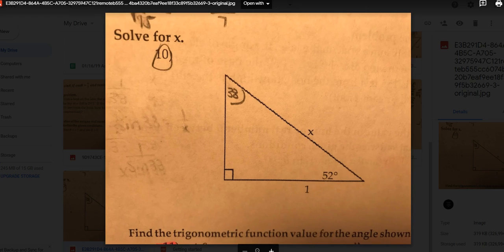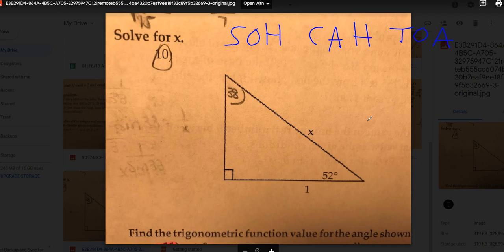Yes. This one confuses me because I remember doing this when I learned geometry or something like that, but it won't come back to me now. Okay, so you just have to pick which of these trig functions you want to use. Is it sine, cosine, or tangent?